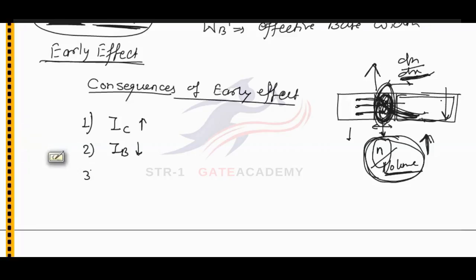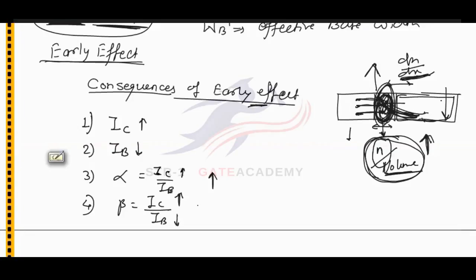We know that alpha equals IC upon IE. If IC increases, alpha increases. And beta equals IC upon IB. In a BJT, IC increases due to early effect and IB decreases due to early effect, so beta increases.